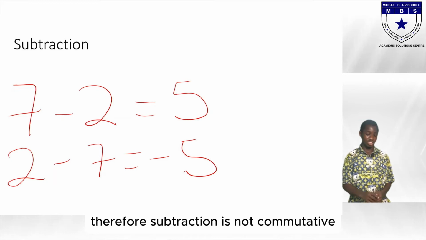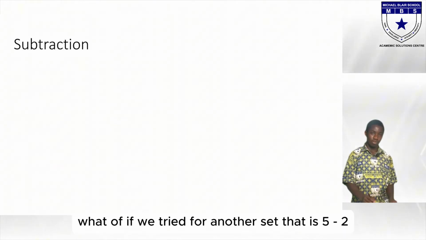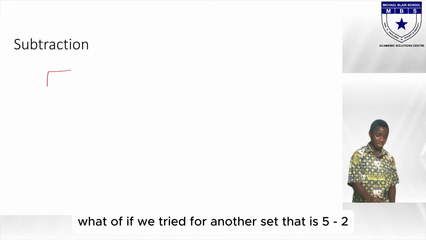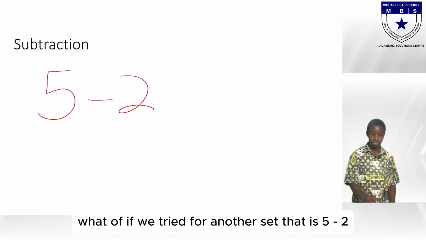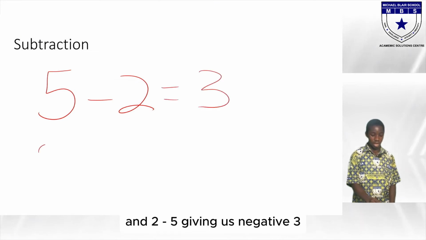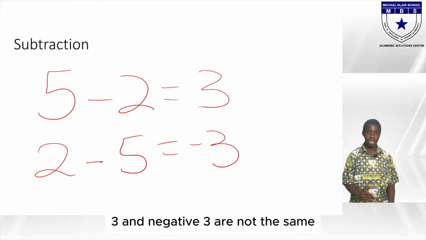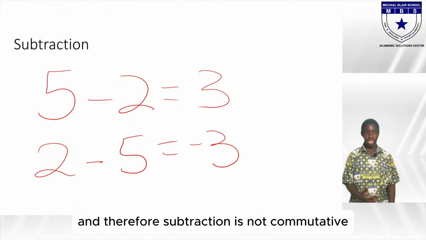Therefore, subtraction is not commutative. What if we tried another set, that is 5 minus 2, giving us 3, and 2 minus 5, giving us negative 3. 3 and negative 3 are not the same, and therefore subtraction is not commutative.